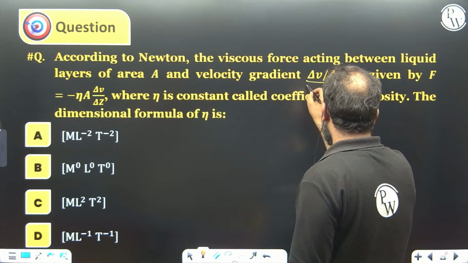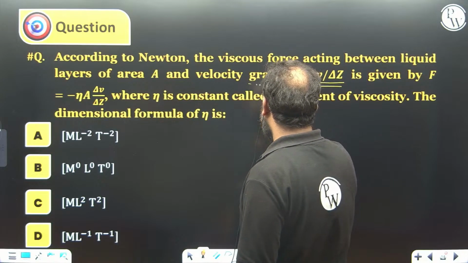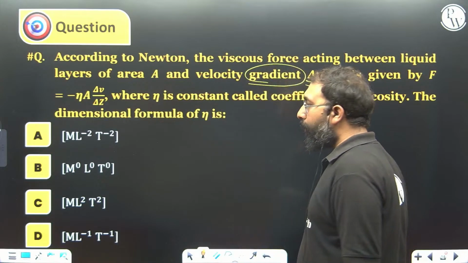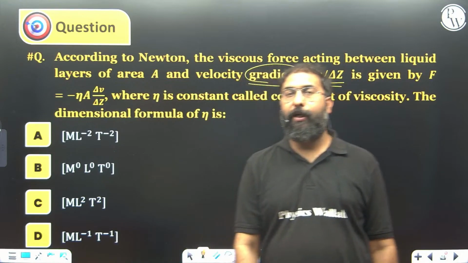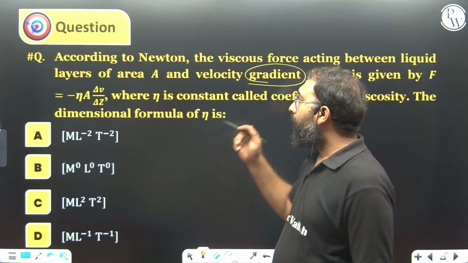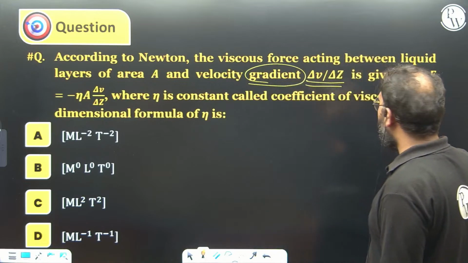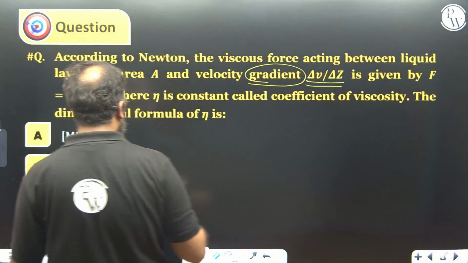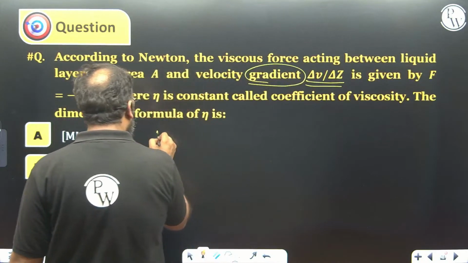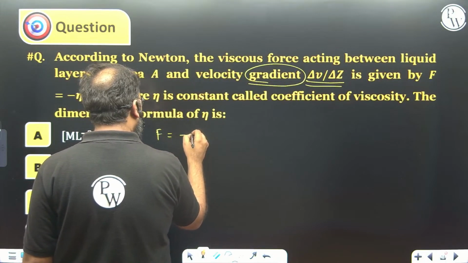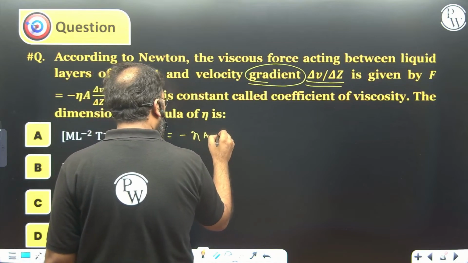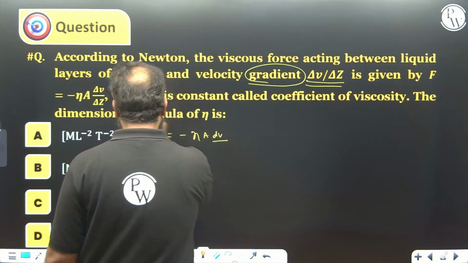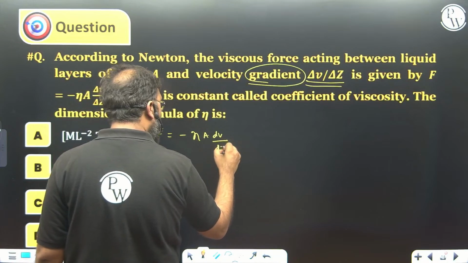I just told you in the starting that this word gradient will come multiple times. So gradient means change in a physical quantity with respect to length. It is given by F equals to minus eta A del V by del Z. So they have given us a formula, minus eta A, del V, change in the velocity, upon change in length dz.